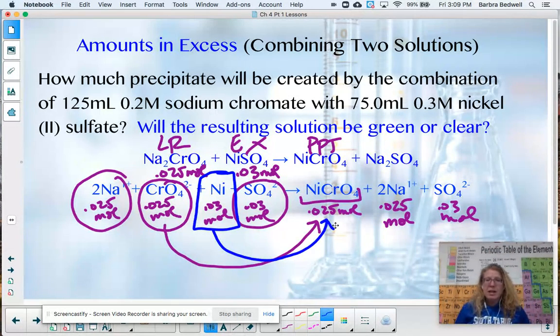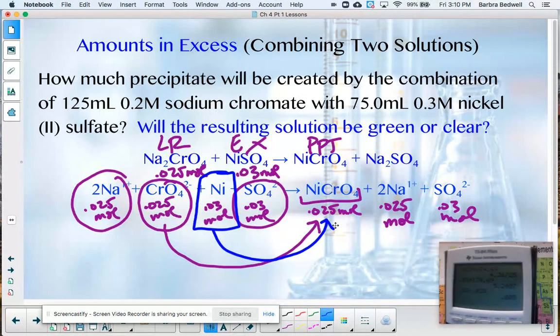Okay, the nickel got bound up into our precipitate as well. But take a look at the amounts. We only made 0.025 moles of nickel chromate. We only used 0.025 moles of nickel. We started with 0.03 moles. 0.03 minus 0.025 is a leftover amount.